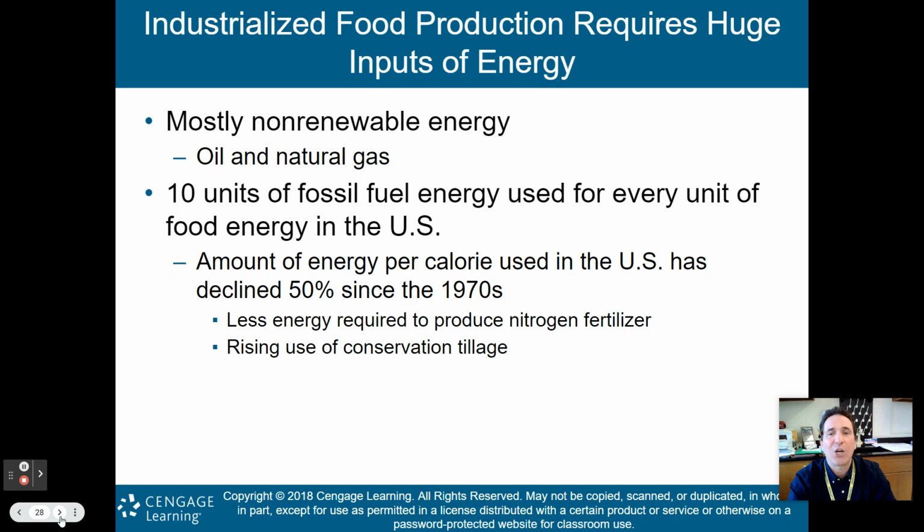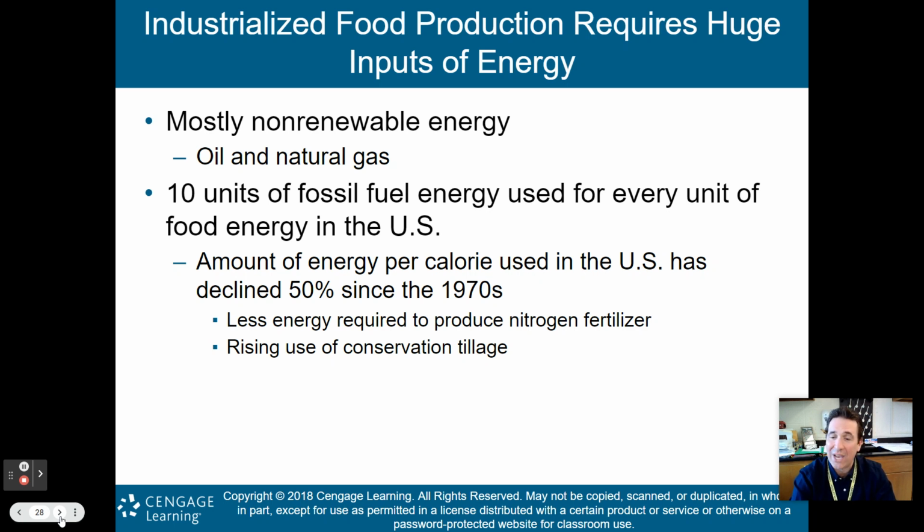The amount of energy per calorie used in the United States has declined 50% since the 1970s. All right, that's some good news. Less energy is required to produce nitrogen fertilizer, and we're seeing a rising use of conservation tillage. Again, these are ways to prevent environmental degradation on your land.